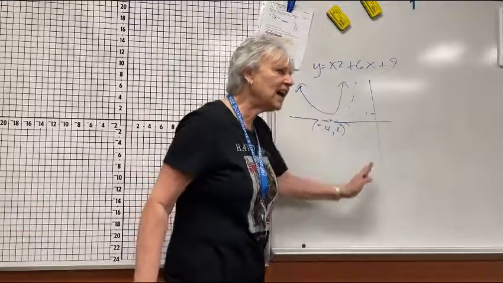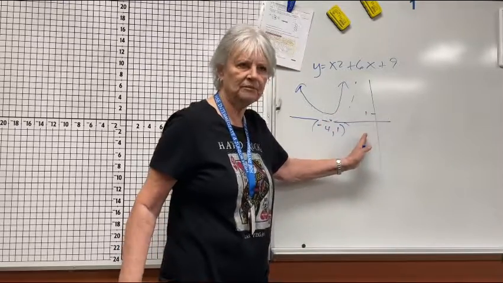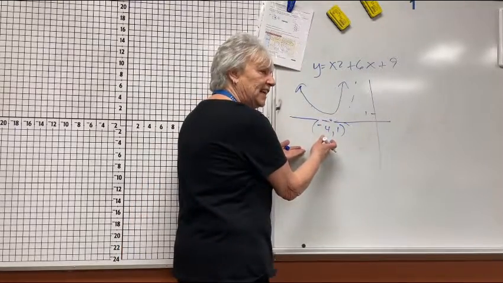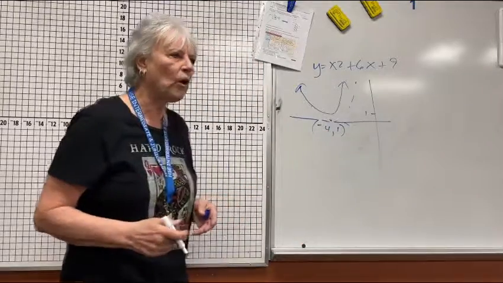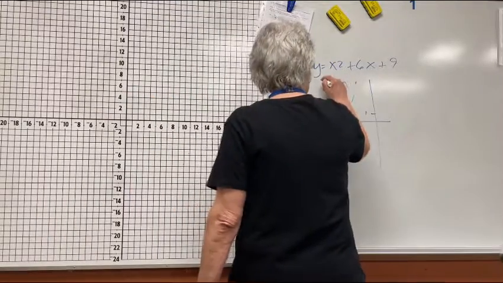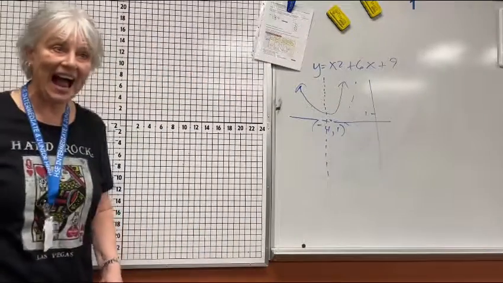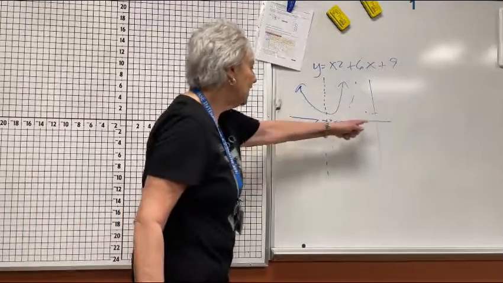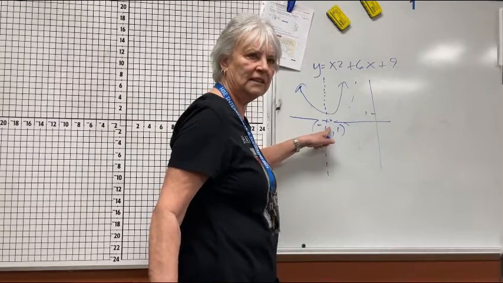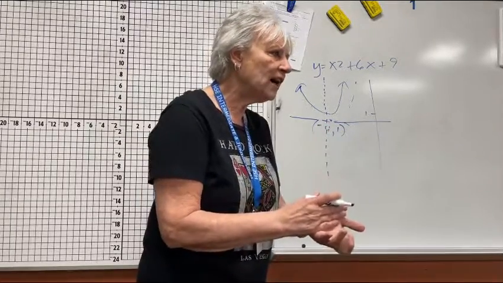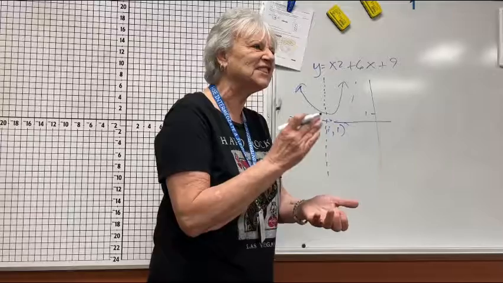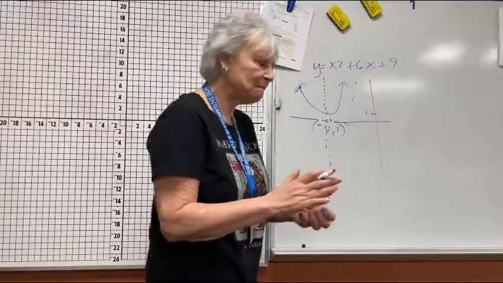The y tells you the minimum value. And your vertex in this case is -4, 1. Now, this has an axis of symmetry at -4. In other words, -4 is where it cuts it exactly in half.